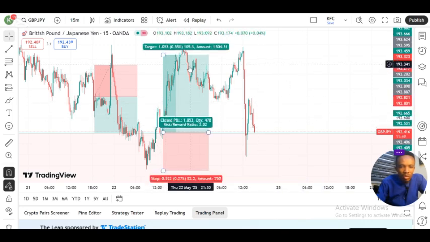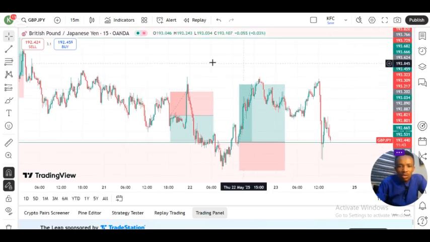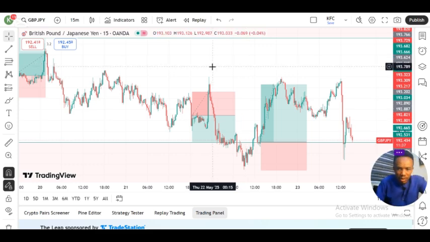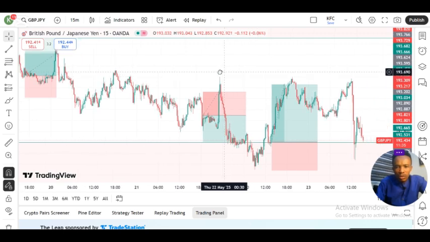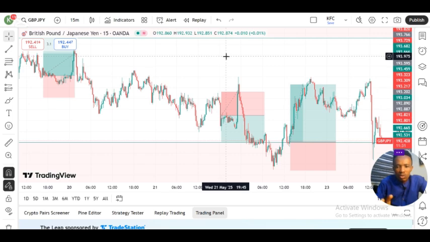Then the last one gave us a recovery of 40 pips, so 0% loss, 0% profit on this, and that on its own makes this week better than other weeks. Because we're going to look at a few things on GJ so that we can have a good week in the coming week.